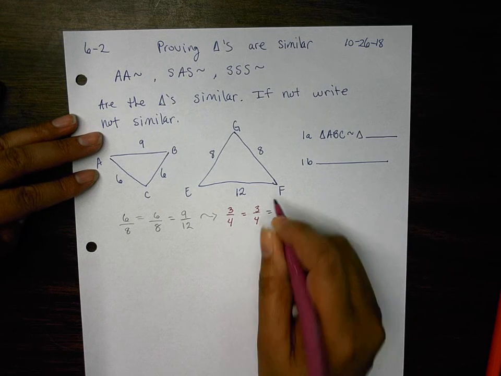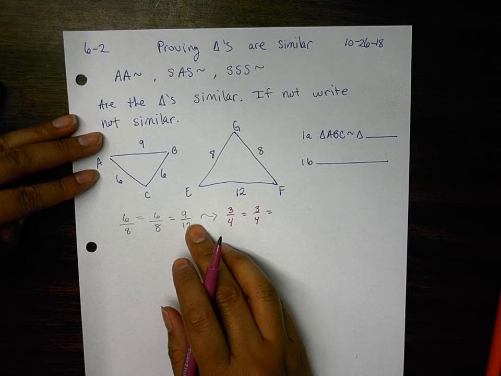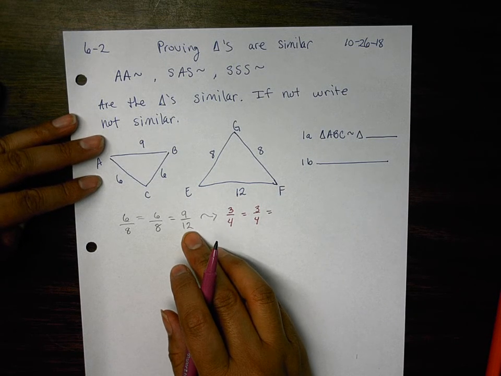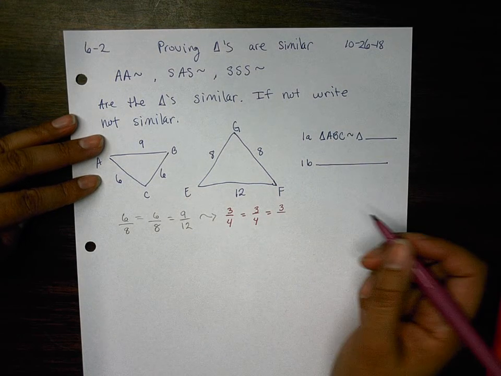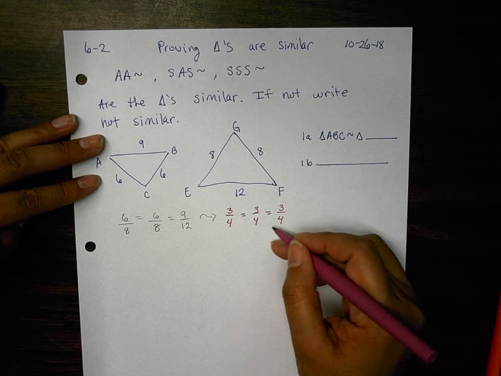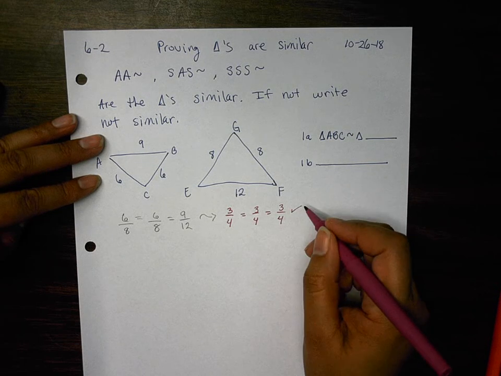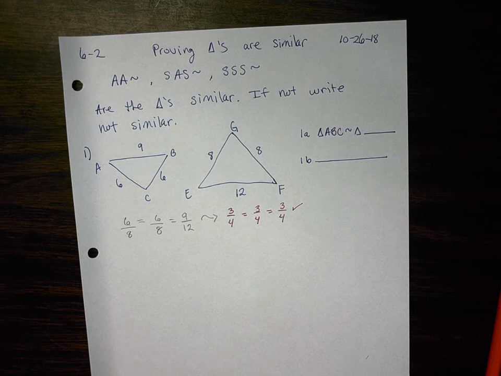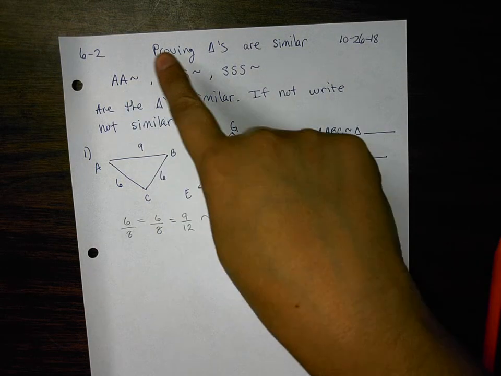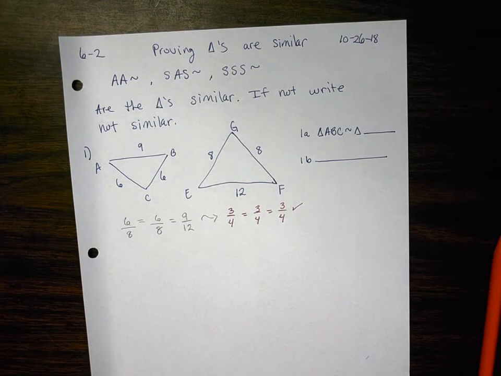And the last one, the 9/12, what goes into 9 that also goes into 12? 3. What's 9 divided by 3? And what's 12 divided by 3? Did they all come out to be the same? Yes. So are these two triangles similar? Yes, by side-side-side.